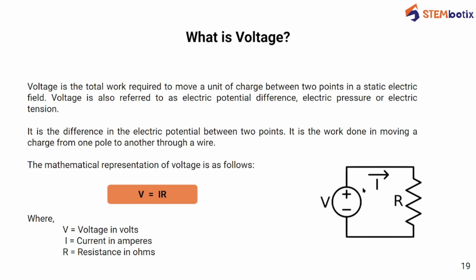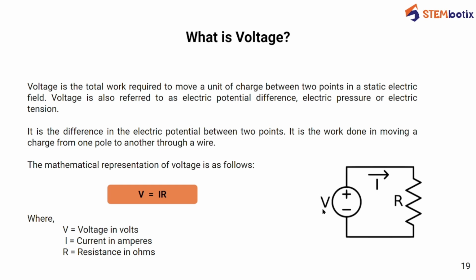So you can see it as a voltage source. This is the conducting path. I hope you remember from our first basic electronics concept that for a circuit, you should have three main elements. The first is voltage, the second is the conducting path, which is a wire or cable, and the third is your load.